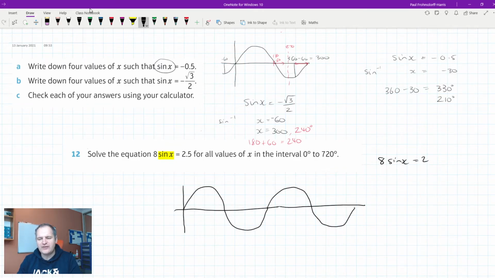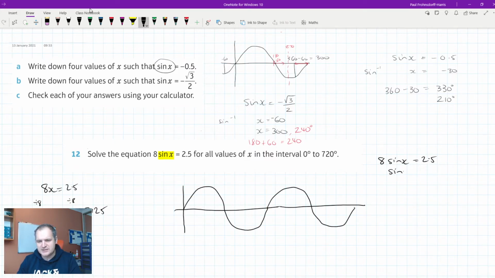Now, this is where some thinking about actual algebra comes good. 8x equals 2.5. We would all divide by 8 by this point. So x would be 2.5 divided by 8, which is 0.3125. So this works no differently.